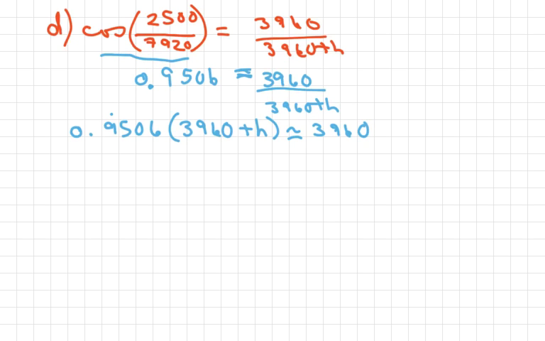And then I'm going to go ahead and distribute here, and I get 3764 plus 0.9506h equals 3960.